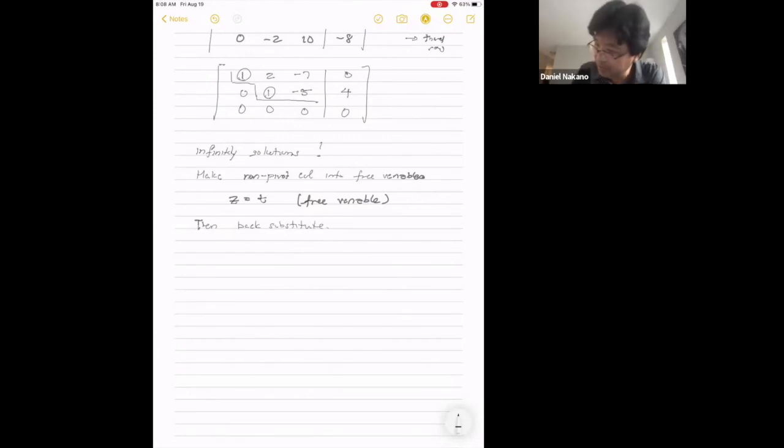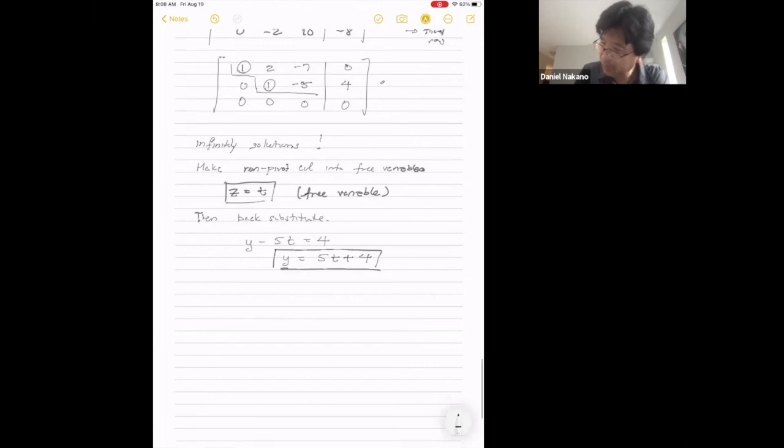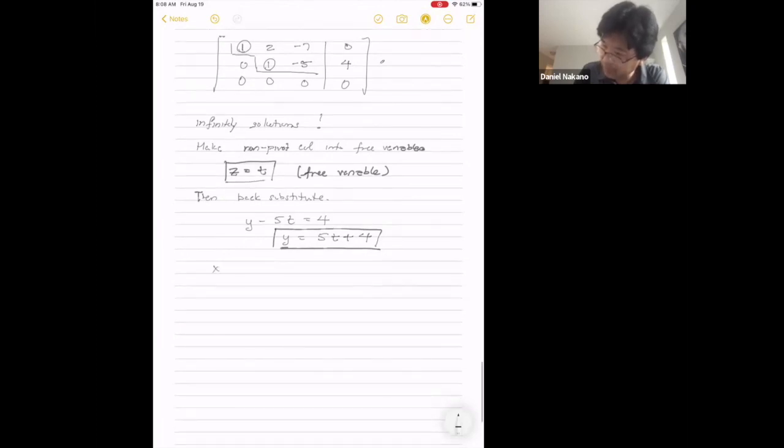So let's do that. Our equation is y minus 5 times t is equal to 4. Okay, so that's using this equation here. I want to solve for y. So y is going to be equal to 5t plus 4. Okay. And then the last one is x plus 2y minus 7z is 0.